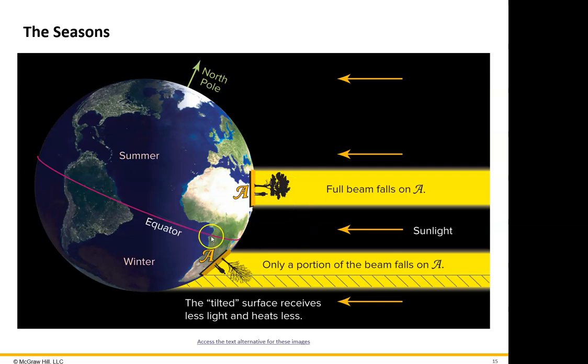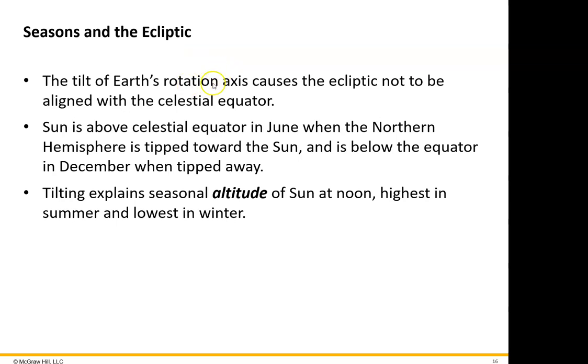So it's really this angle and the tilt of the Earth that causes it to be hot or cold. The tilt of the Earth causes the ecliptic not to be aligned with the equator. We talked about that. This varies according to what your latitude is.